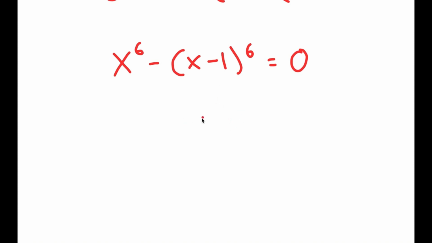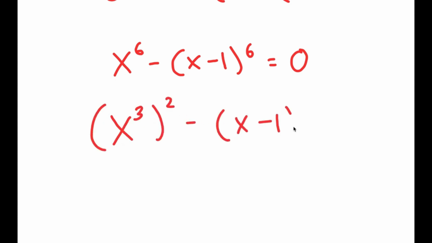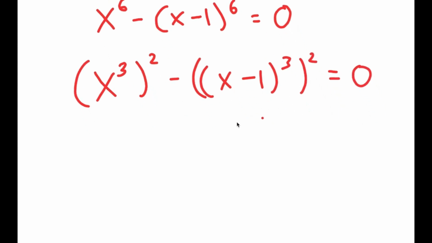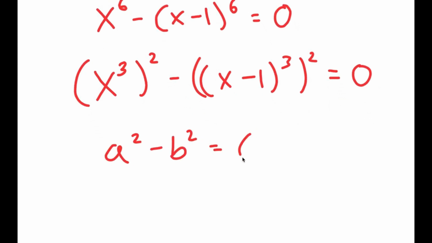Now from here, I'm going to rewrite this as x to the power of 3 to the power of 2 minus x minus 1 to the power of 3 to the power of 2 is equal to 0. And if I have something in the form a squared minus b squared, this is equal to a plus b times a minus b.